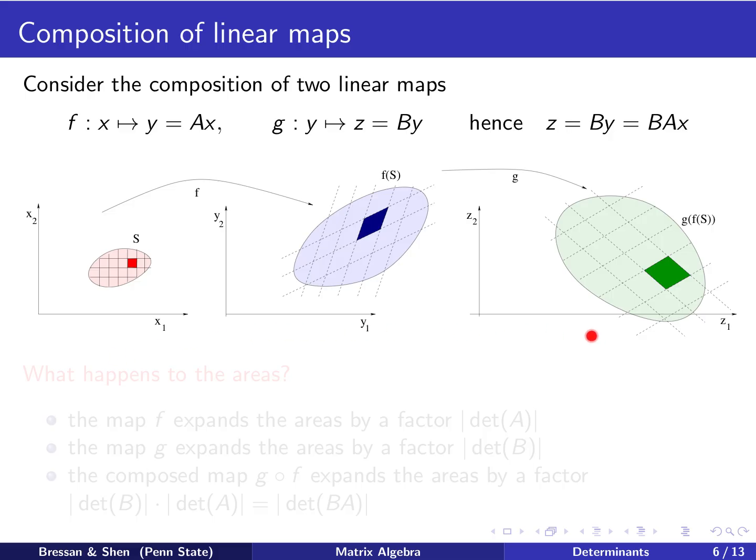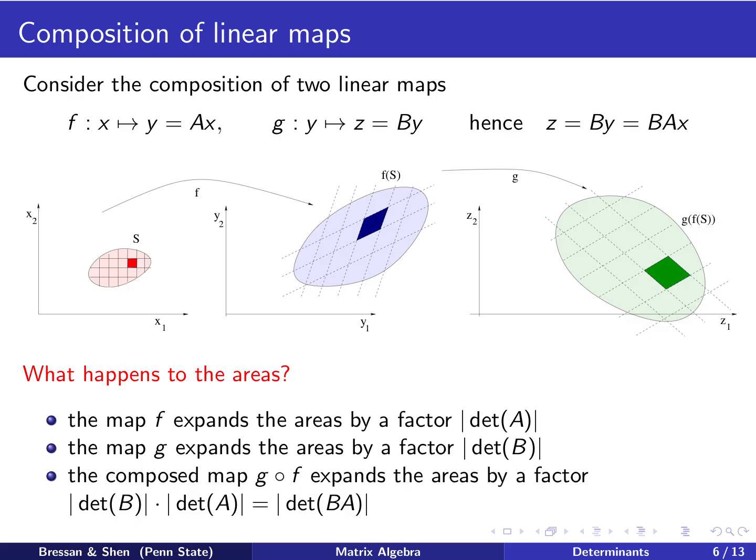So here is just a visual understanding. You have a set S, and then you do a linear mapping F, which is this one here, and then you reach this image F of S, which we call Y, and then take this Y and we do a second linear mapping with G. Then we go to this coordinate Z, and for example, take this shape, that is the composition G of F of S. So the question we want to ask now is, what happens to the areas?